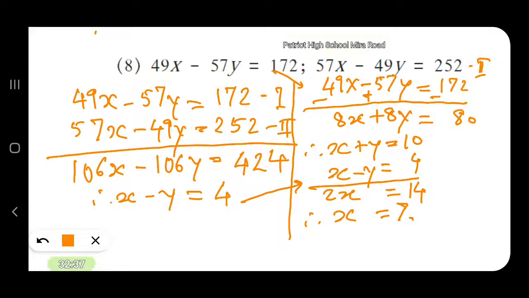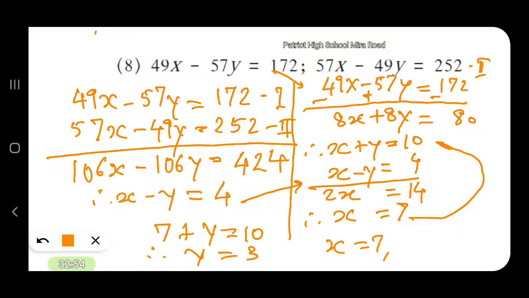Substituting the value of x in this equation, we have 7 plus y is equal to 10. Therefore, y is equal to 3. Therefore, the solution of the equation is x is equal to 7, y is equal to 3.